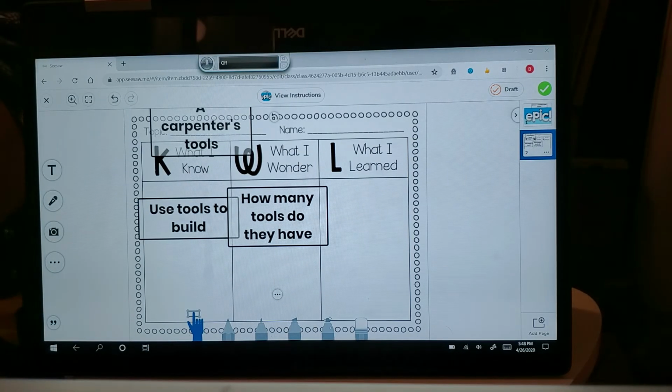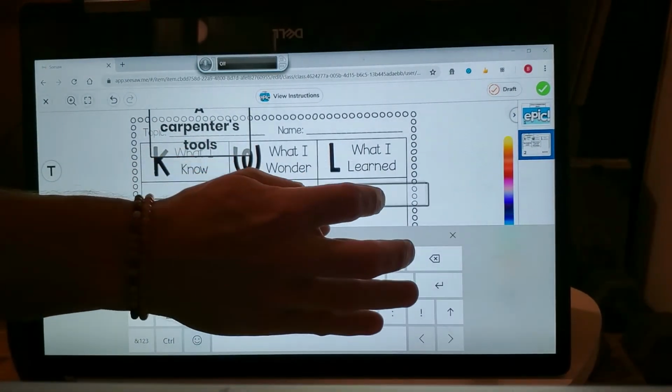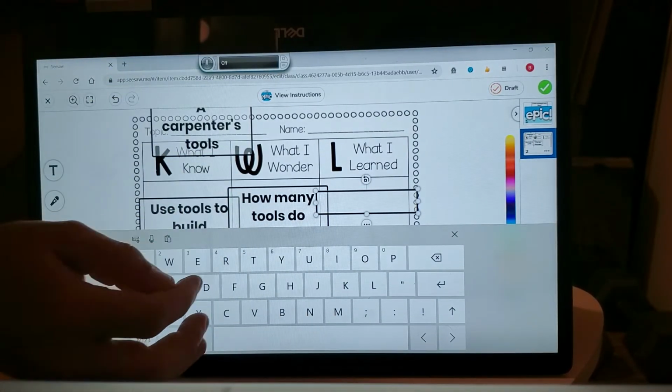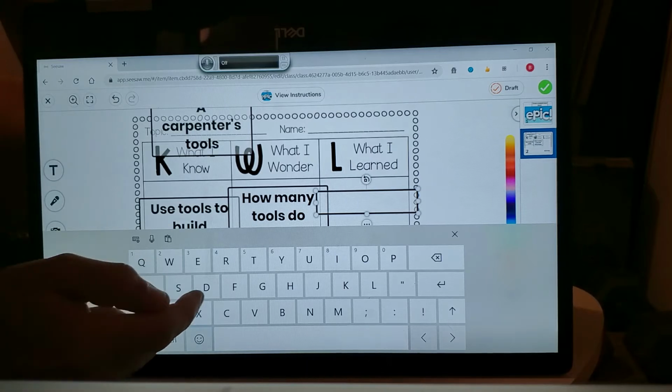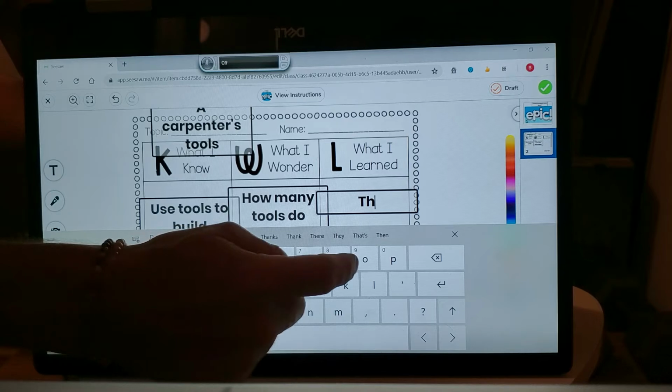But I tell you what, the thing that was the most amazing to me that I learned in here is that carpenters build houses. I did not know that carpenters could build a whole house. So I'm going to write, they build houses.